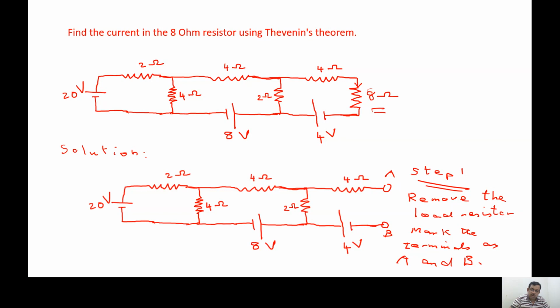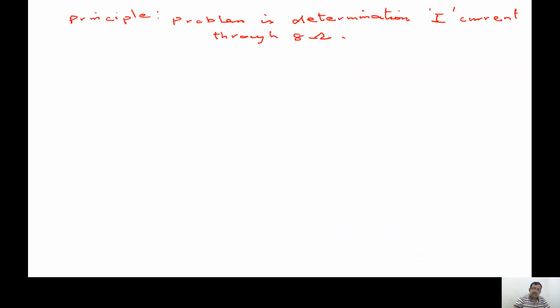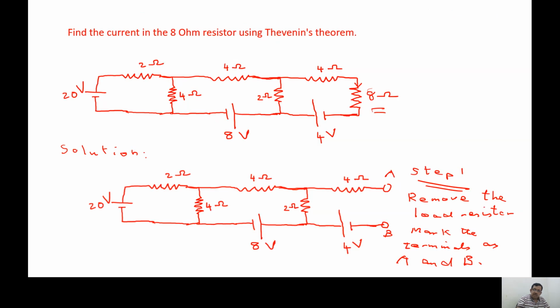Instead of a voltmeter, we are going to analyze the rest of the circuit except the load, and the potential difference across AB is nothing but the Thevenin's voltage. I will mark that voltage as VTH. If you look at the circuit again, there are a lot of resistors.